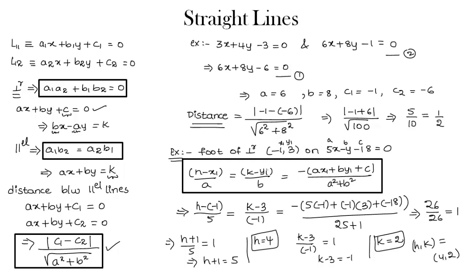And similarly, we can also find the image of the point on the straight line, which will be h minus x1 divided by a is equal to k minus y1 divided by b will be equal to minus 2 into ax1 plus by1 plus c divided by a square plus b square. So this is the formula to find the image of a point with respect to the straight line.